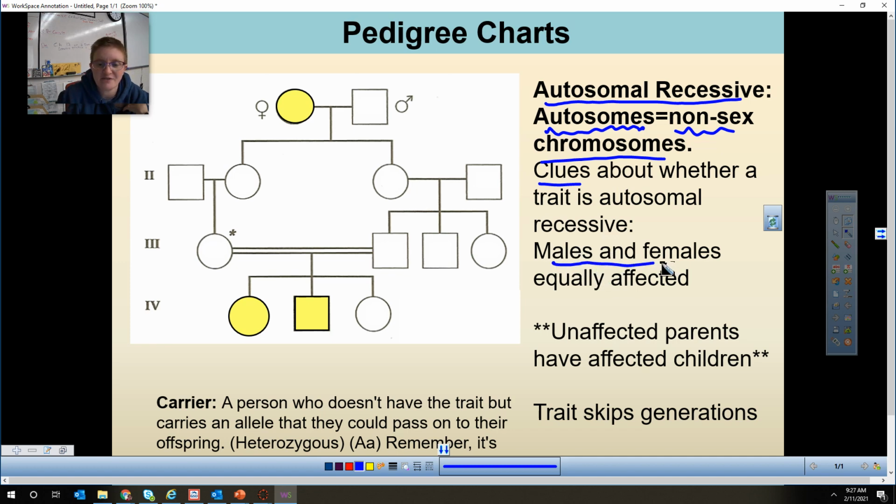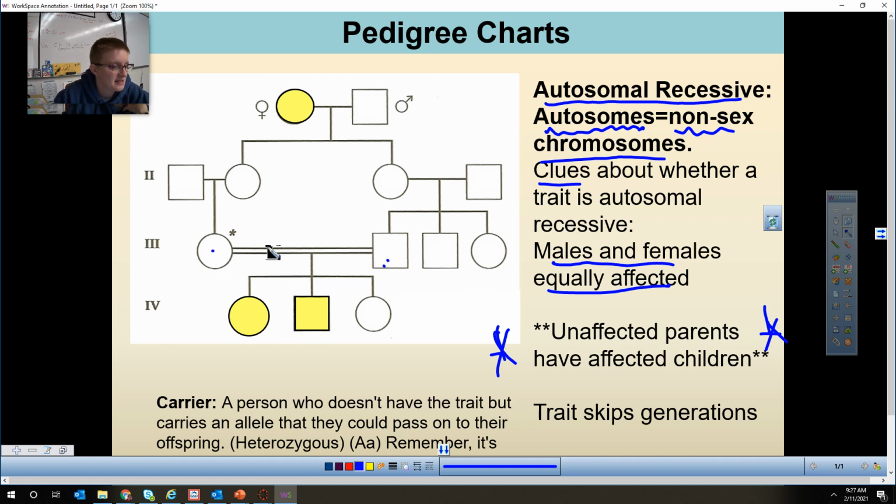First off, males and females will be equally affected. That has to do with the fact that it's an autosome and not a sex chromosome. But here's the big deal: unaffected parents will have affected children, and that is the biggest clue that we're looking at a recessive trait and not a dominant trait. Look right here. Here are unaffected parents, so they don't have the trait, but they have affected children.